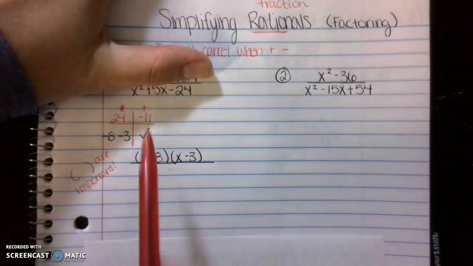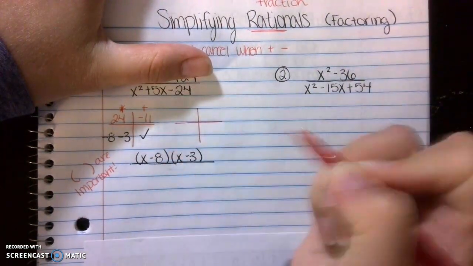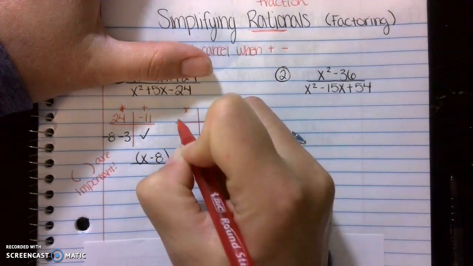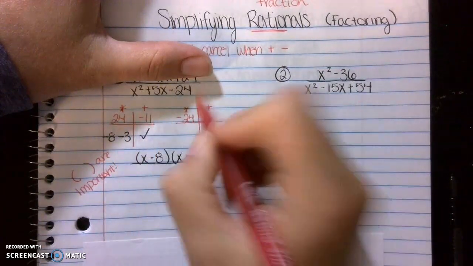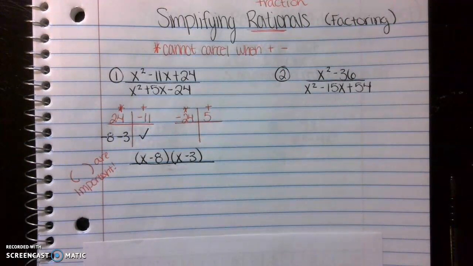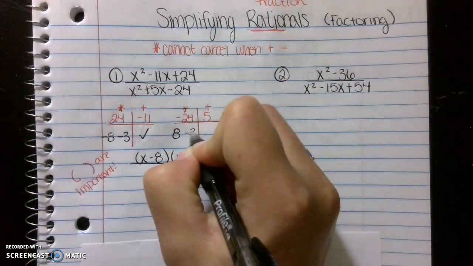Now let's cover up the top and focus on the bottom. Again, I have a quadratic, so I'm going to factor this. What multiplies to get me negative 24 that will add now to get me a positive 5? Think through these options here. What we're going to do is a positive 8 and a negative 3.